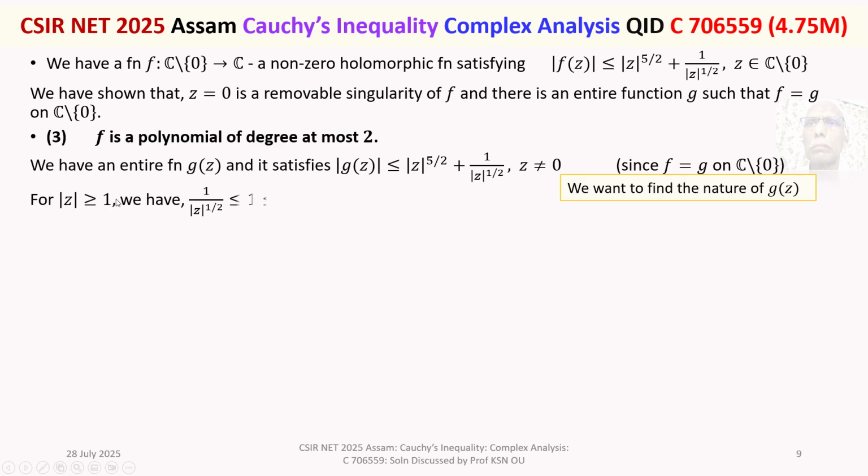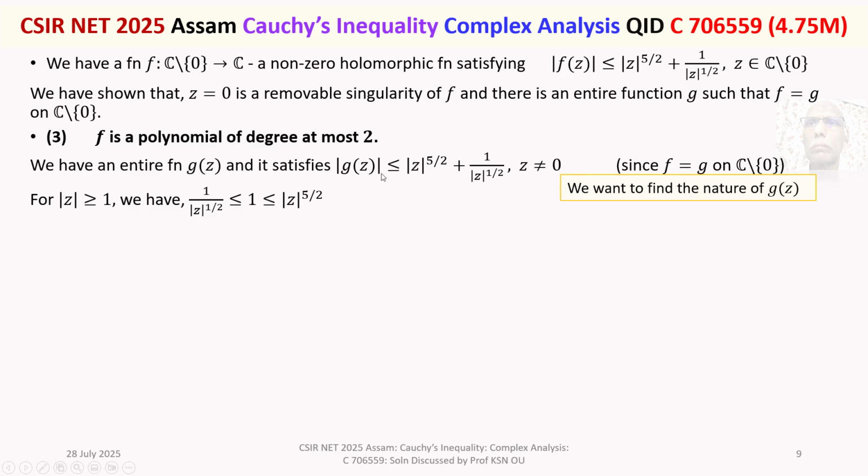For mod z greater than 1, it means you can make mod z as big as possible. We have for mod z greater than or equal to 1, 1 by mod z to the power of 1 by 2 is less than or equal to 1. And this is less than or equal to mod z to the power of 5 by 2, because mod z is greater than 1.